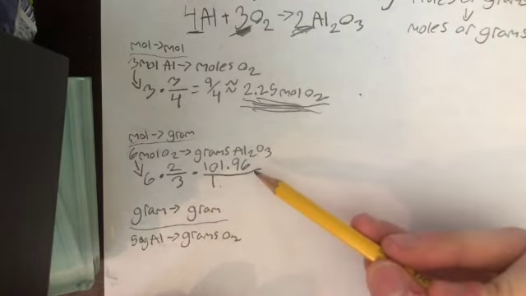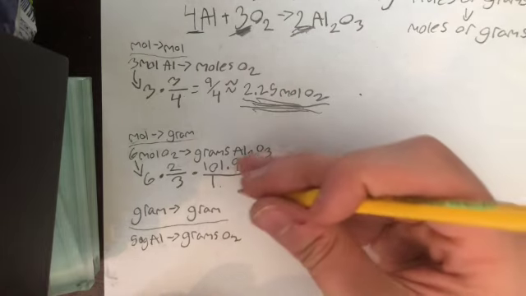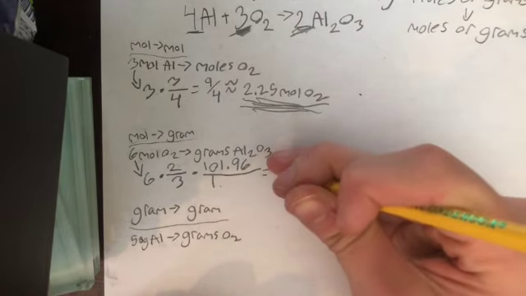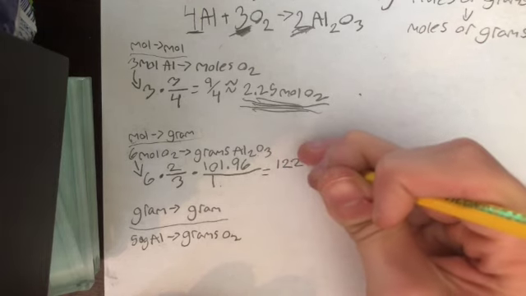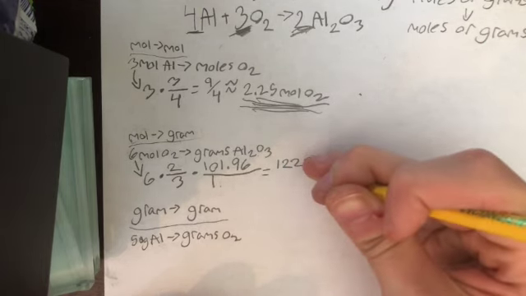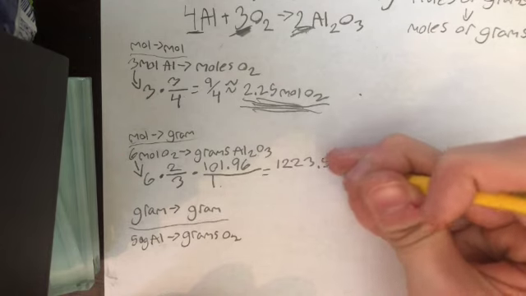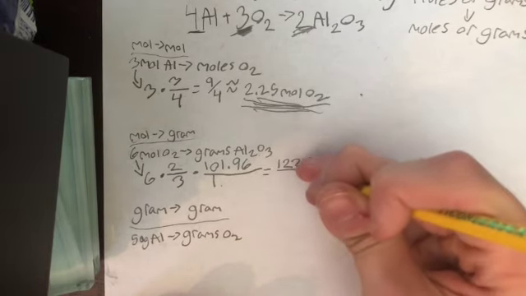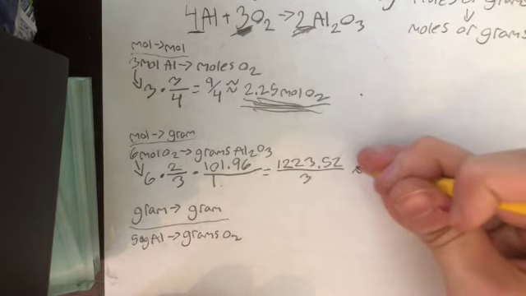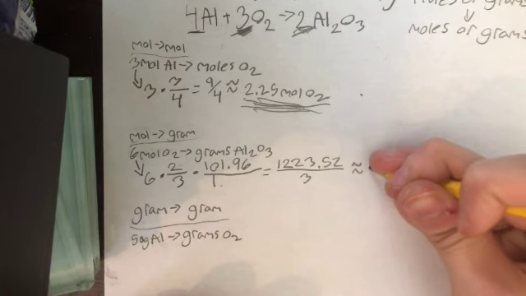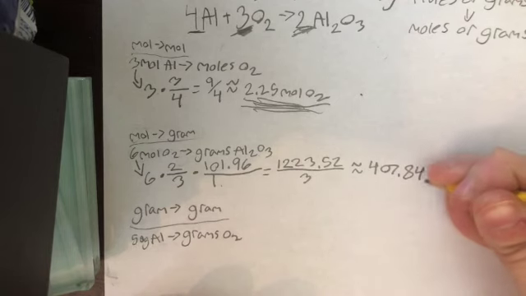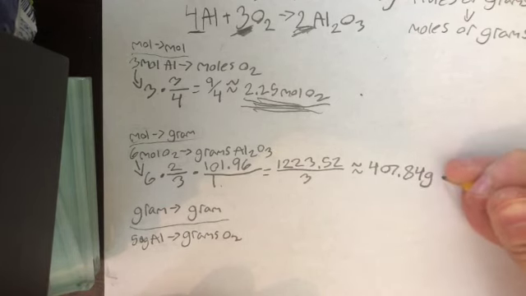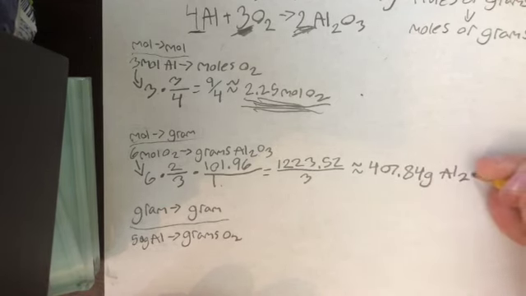That would give us grams of Al2O3. So if we multiply all that together, we get 1,223.52 divided by 3. And we roughly get 407.84 grams of Al2O3.